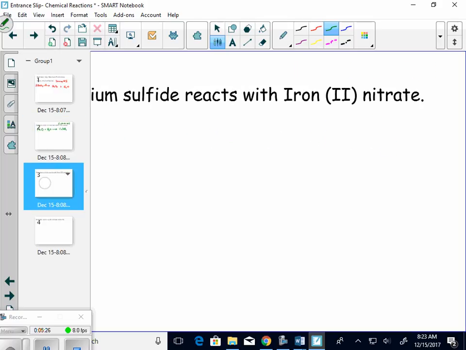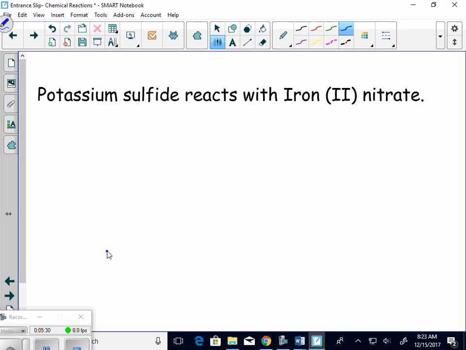Our third problem, potassium sulfide reacts with iron 2 nitrate.